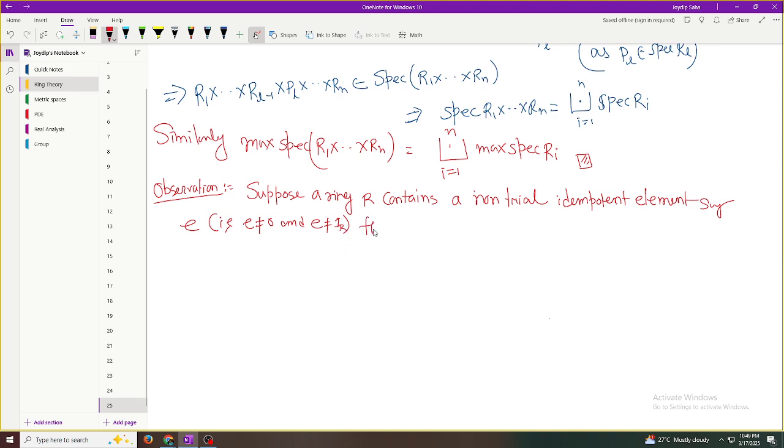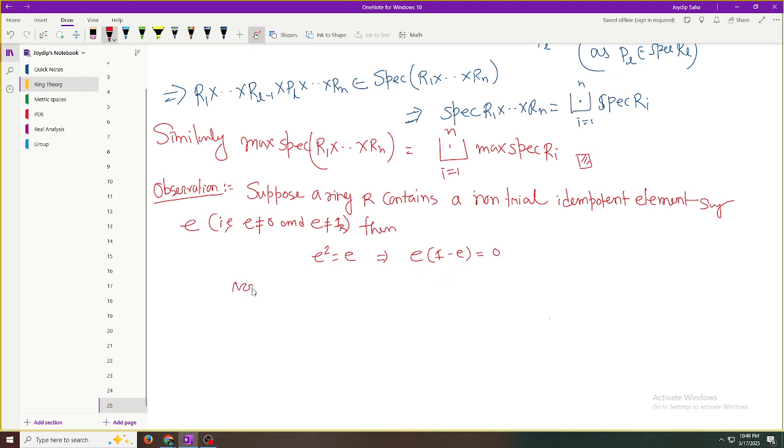Then what happened? Idempotent means E square equals E. This implies E times 1 minus E equals 0.